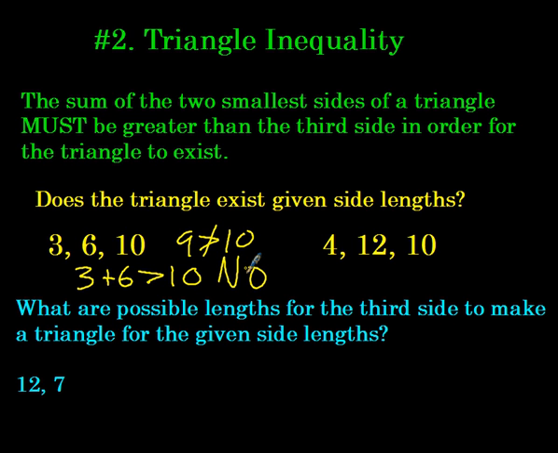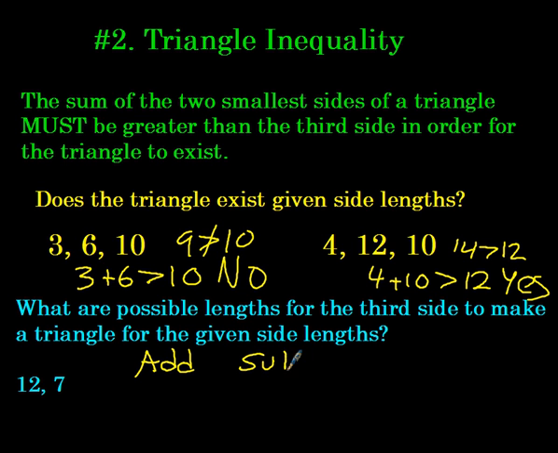The other example here, the two smallest sides are 4 and 10. We want to check, is that greater than 12? We get 14 is greater than 12, so yes indeed, that triangle does exist. Another type of problem is finding possible lengths for the third side to make a triangle for the given side lengths. Simply put, all we're doing here is adding and subtracting the numbers.